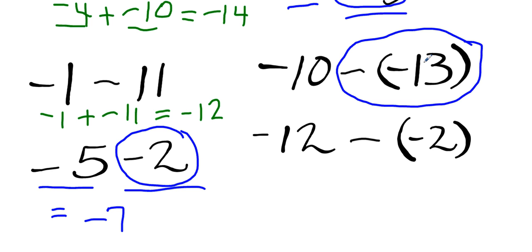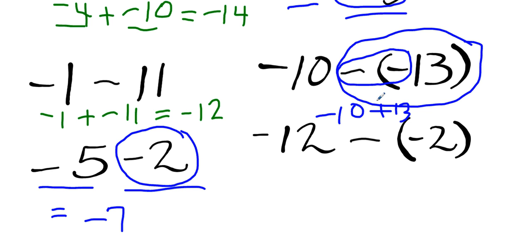So if ever there's a case where there are two operations, you need to change those two operations to one. Remember, a negative and a negative means positive. Double negative means positive. So this is like saying negative 10 plus 13.